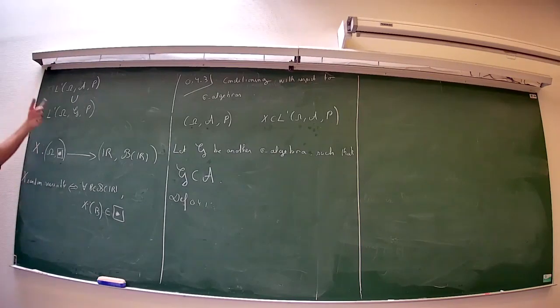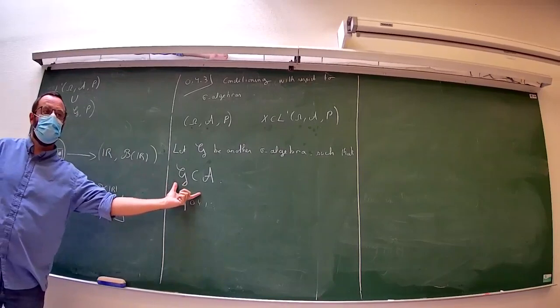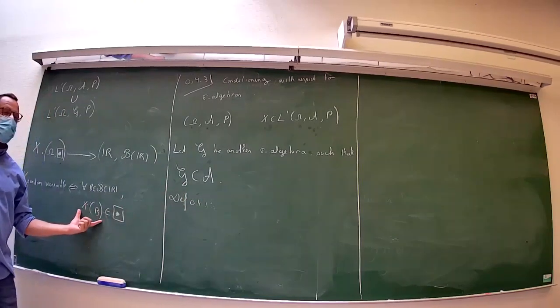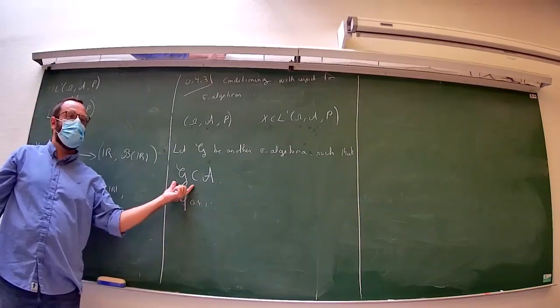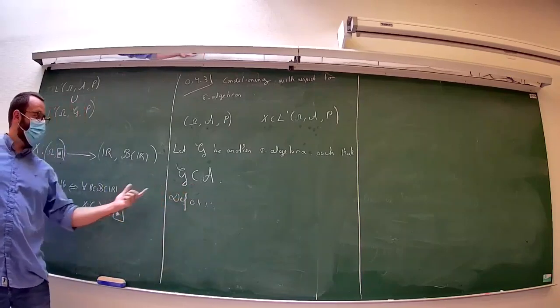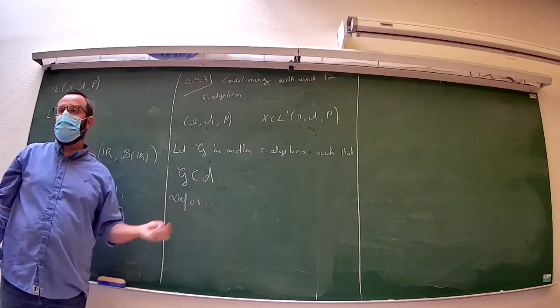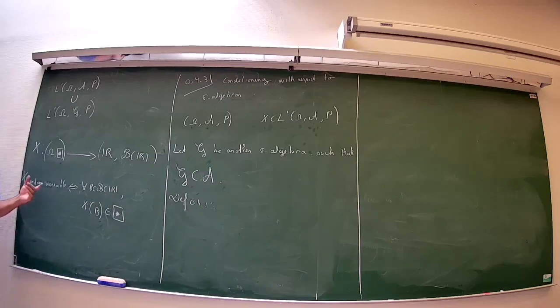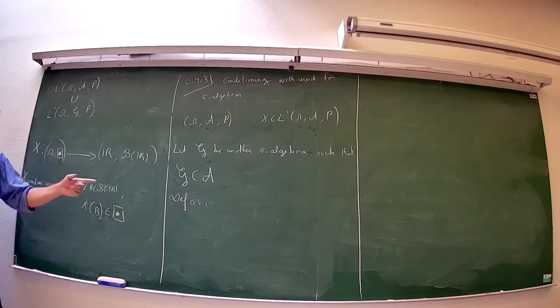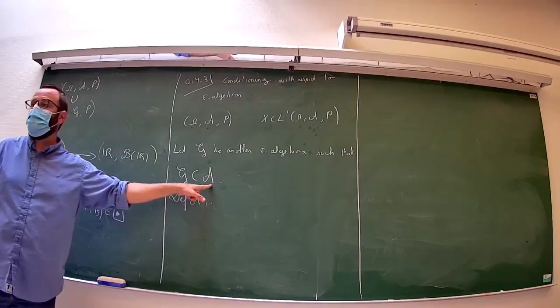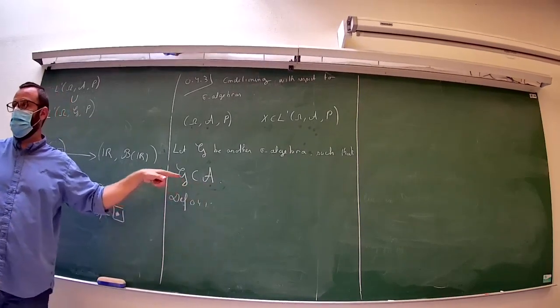And typically, if my preimage belongs to J, my preimage belongs to calligraphic A. So if X is measurable when I put calligraphic J as the sigma algebra, then X is a random variable also in the sense of calligraphic A, because I have this inclusion.